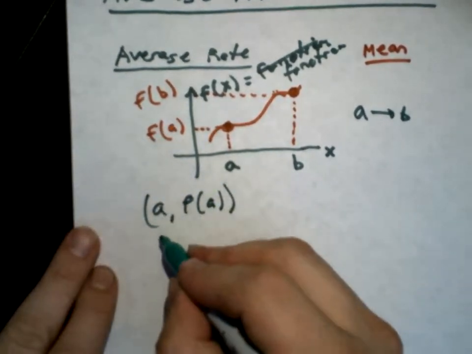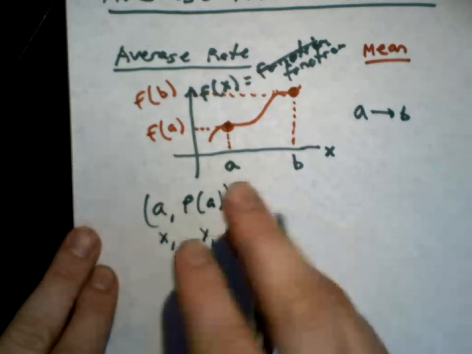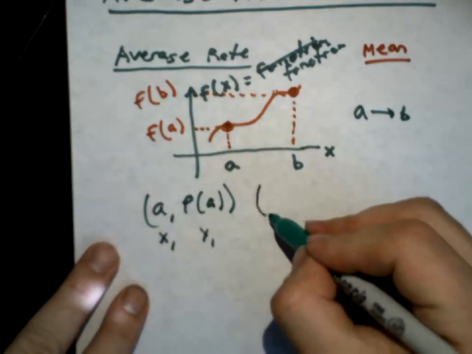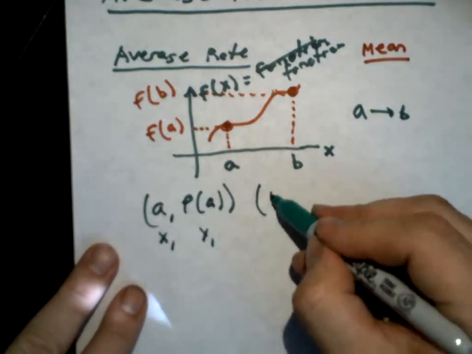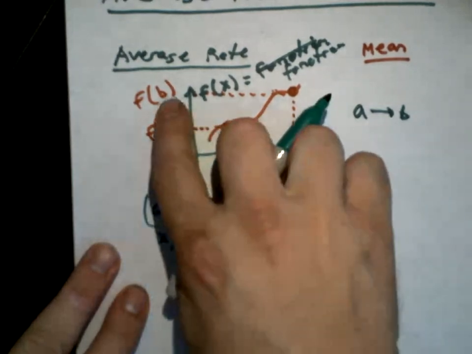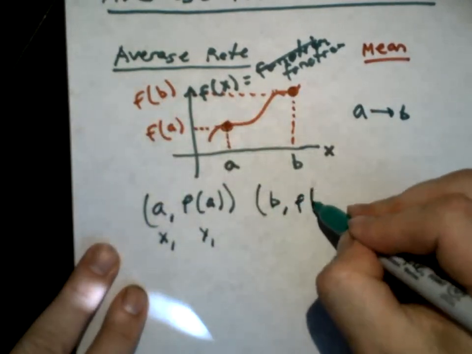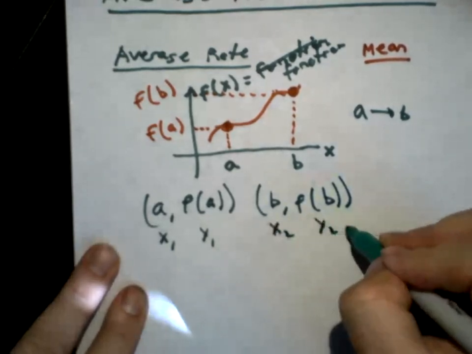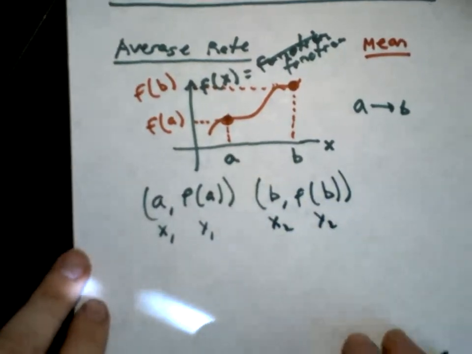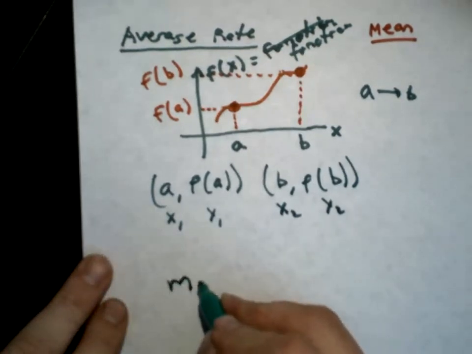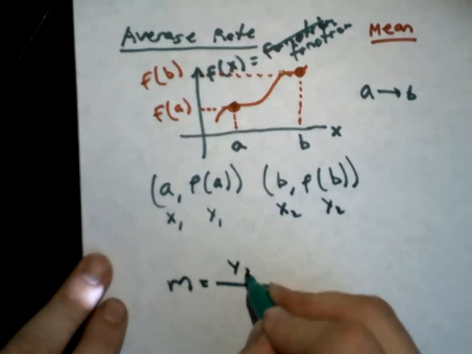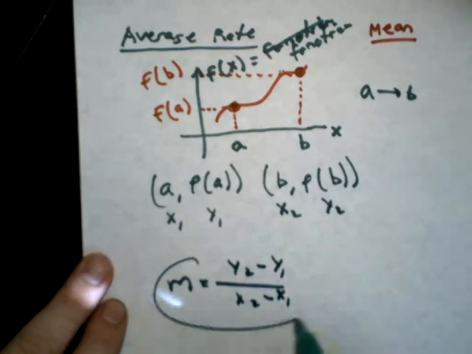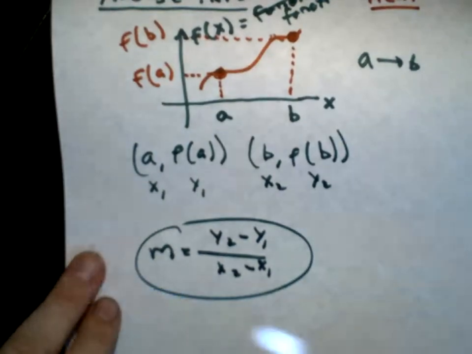If you don't like that, call this x sub 1, y sub 1, like a point on a graph. Then what's the next point? Well, the next point is going to be B, and the output is f of B. That's x2, y2. Do you remember how to find slope? Slope is going to be y2 minus y1 over x2 minus x1. That's your slope, technically, right?